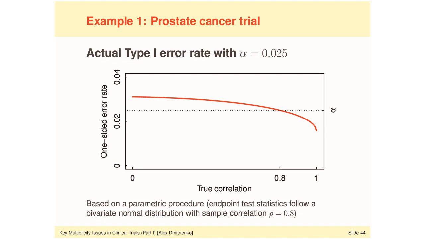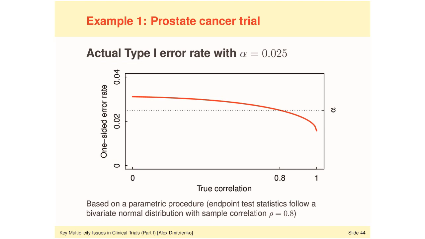I would like to point out that it is not the endpoints themselves, but the test statistics, the log-rank test statistics that are used to assess the evidence of a beneficial effect. Those test statistics follow a bivariate normal distribution, and we can estimate the correlation between the endpoints. Let us say that the sample correlation rho is 0.8, and we will use this estimate to compute the critical value for the parametric procedure.